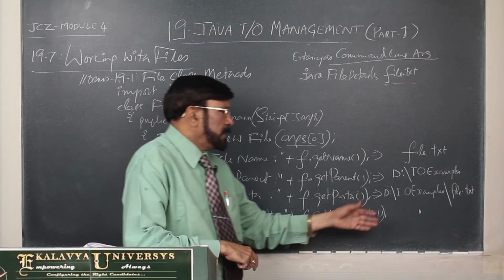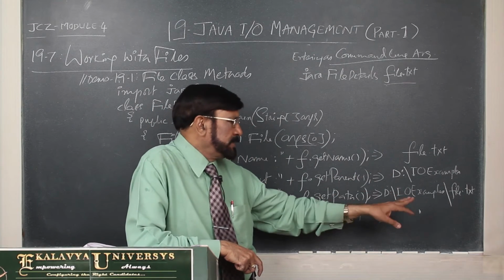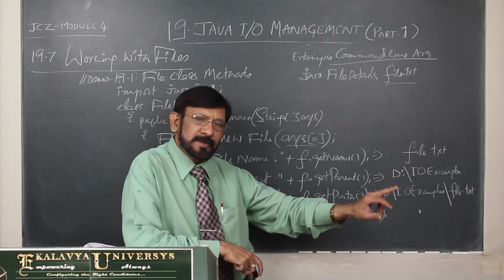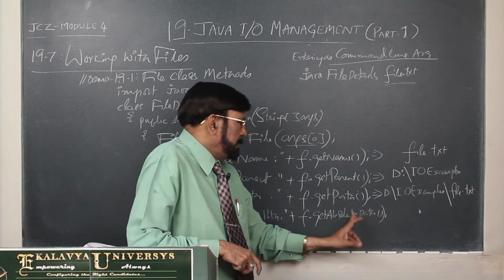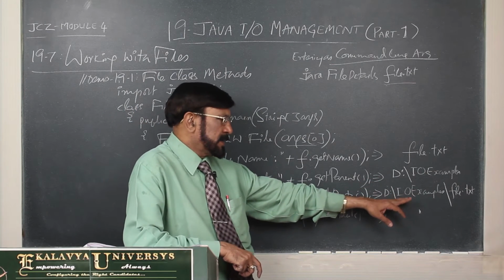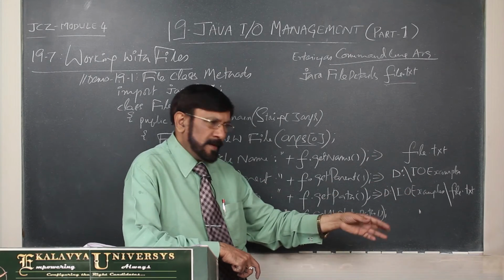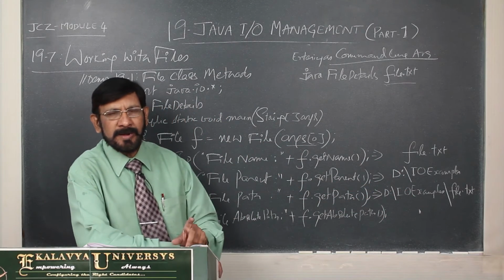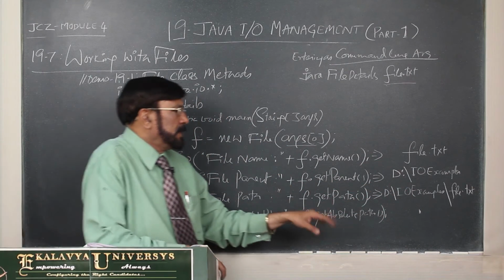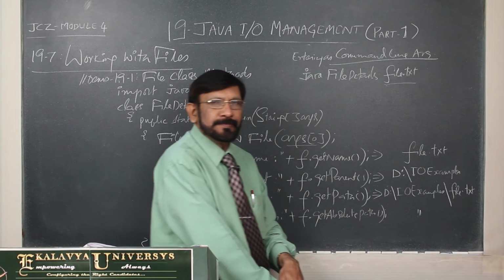But the current directory may be the root directory. So in this case, the current directory is the root directory. That's why if you write getPath, the current directory path is displayed. Here the current directory and root directory represent the same. That's why you can find the same output.